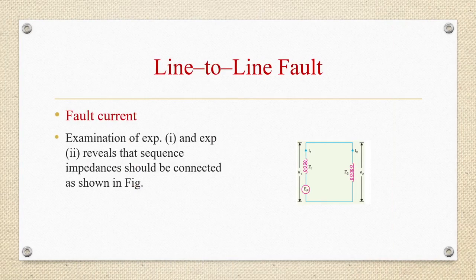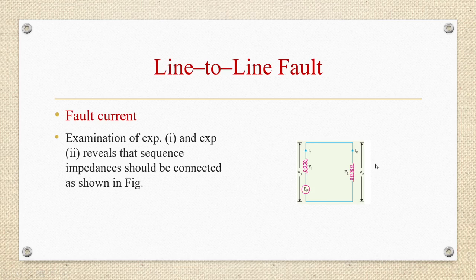From the examination of first and second expression, sequence impedances should be connected as shown in the figure. That is, Z1, Z2 are connected in series, and then it is connected to an imaginary generator having voltage ER. Voltage across Z1 is V1, current flowing through them is I1, and voltage across Z2 is V2.